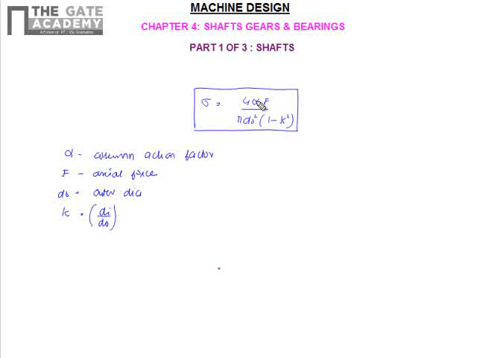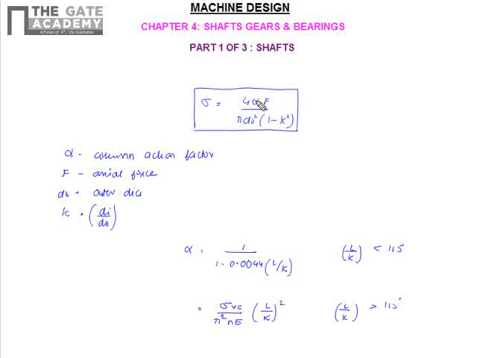And how do you get the value of alpha? The column action factor alpha is given as 1 by 1 minus 0.0044 into L by k, for L by k less than 115, and the value of alpha will become sigma yc by pi square n e into L by k whole square, for L by k greater than 115.